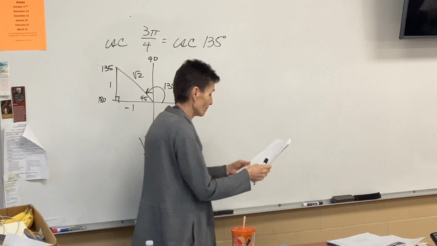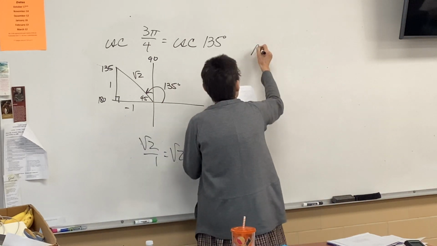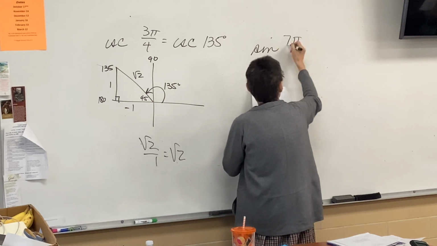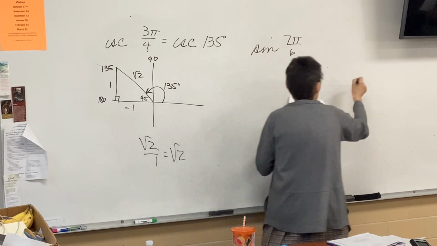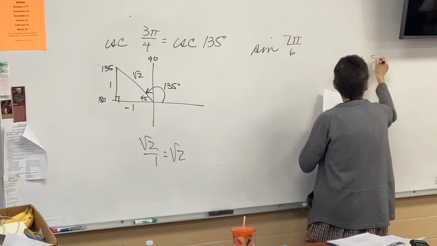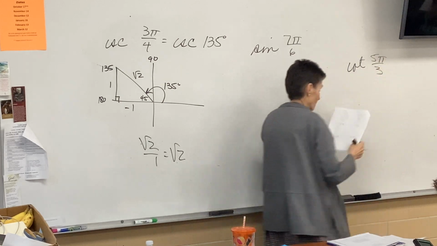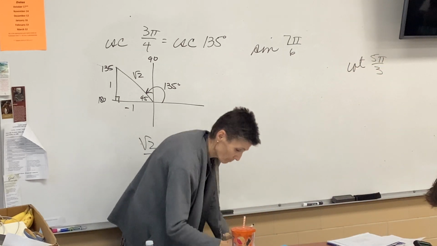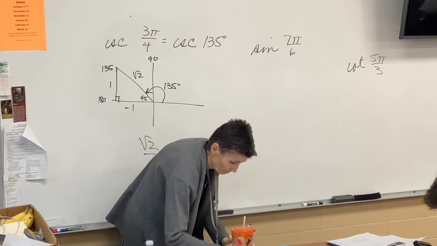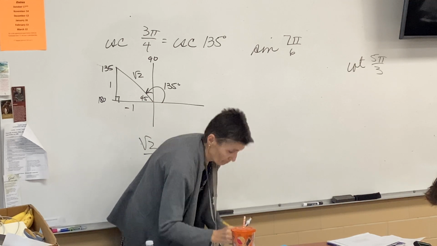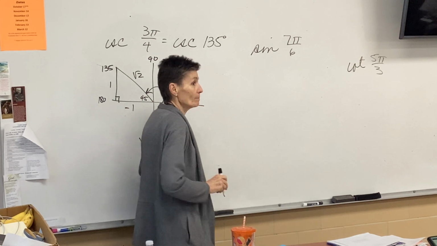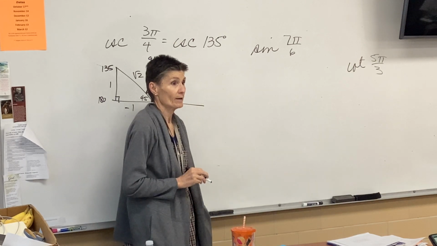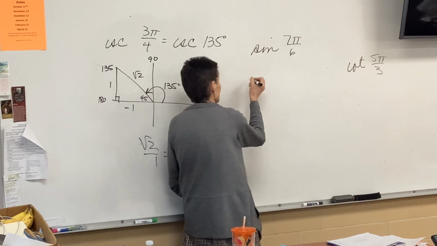All right, 2 more, and then I'll stop, okay? Sine 7 pi over 6, and cotangent 5 pi over 6. Okay, who's got 7 pi over 6 figured out? 210.